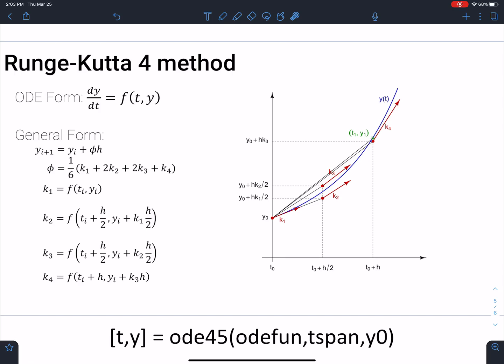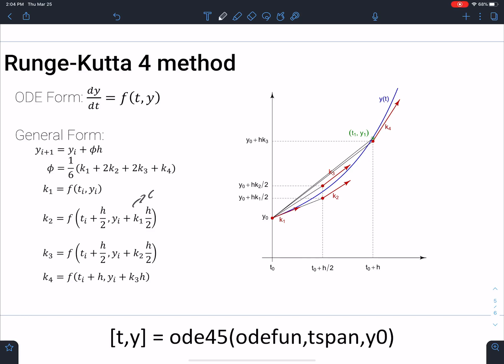So what are the values of K1, K2, K3, and K4? K1 is the value of the slope from the initial point, essentially. It will be Euler's method, right? K2 will be the same as the midpoint method, right? So we can take K1 here and estimate an Euler step, right?